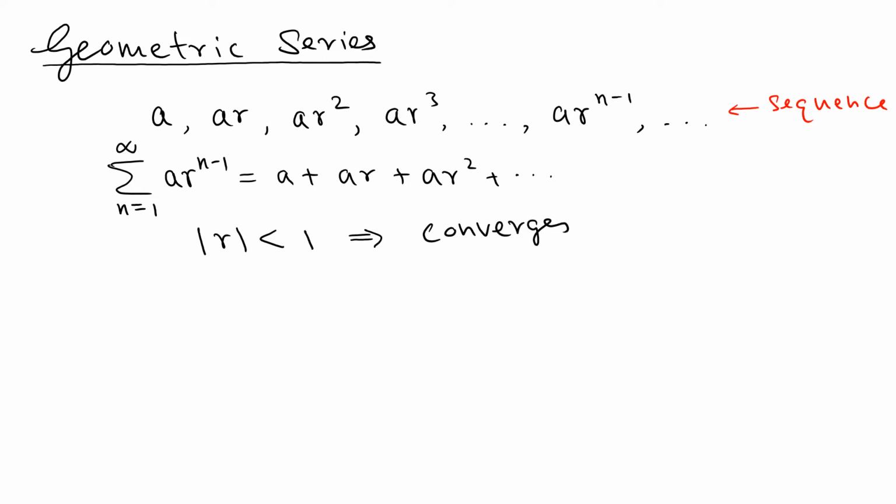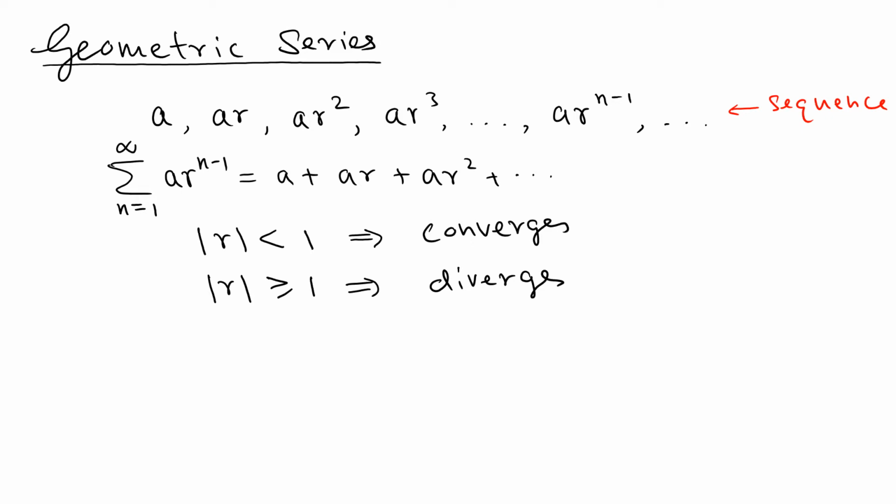If the absolute value of r is greater than or equal to 1, exactly the opposite, then the series diverges. You can also remember that the absolute value of r less than 1 holds if and only if the series converges. That means if one of them is opposite, then the other one is also opposite. So that is the geometric series condition.